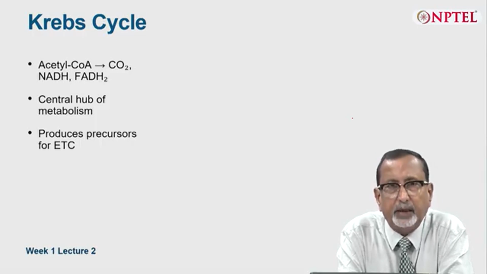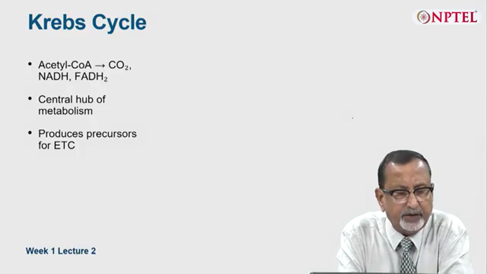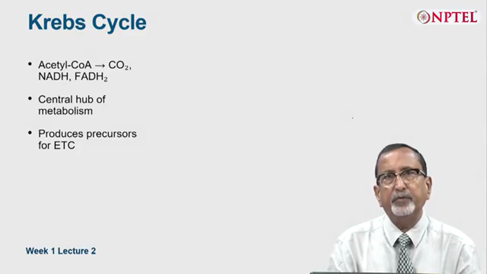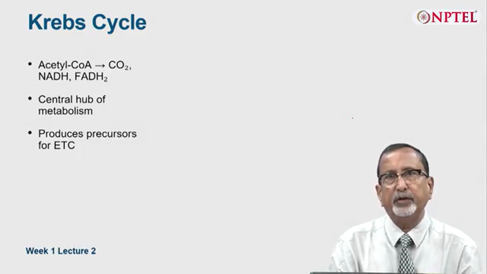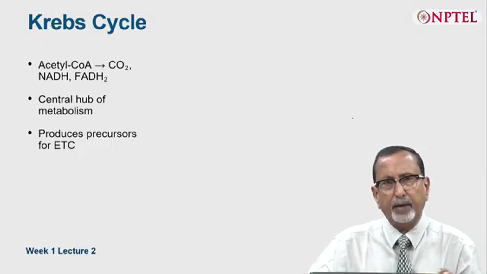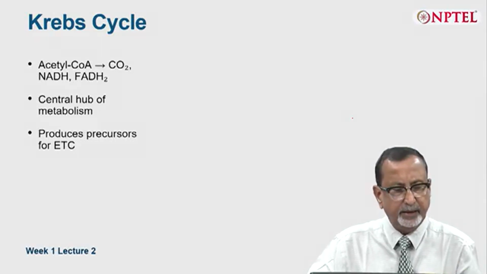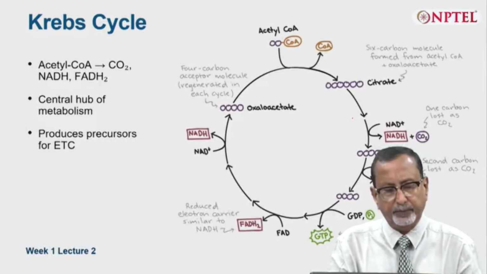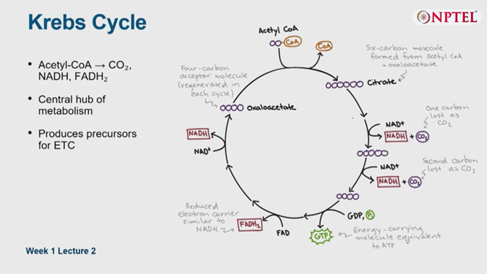I will show you the details in the figure, but acetyl CoA goes into the Krebs cycle, and carbon dioxide is formed because the carbon molecule is split off. The Krebs cycle is the central hub of metabolism and produces the precursors of the electron transport chain, which are NADH and FADH2.